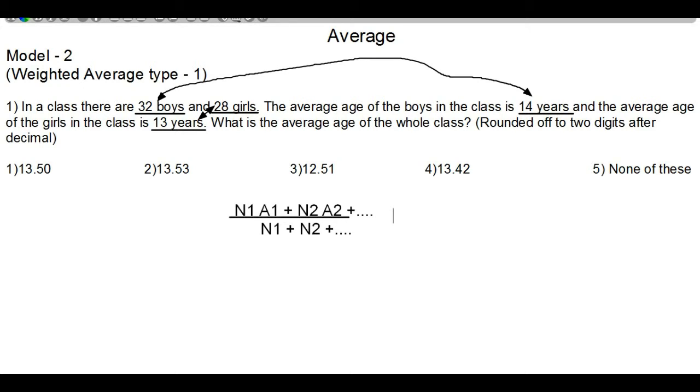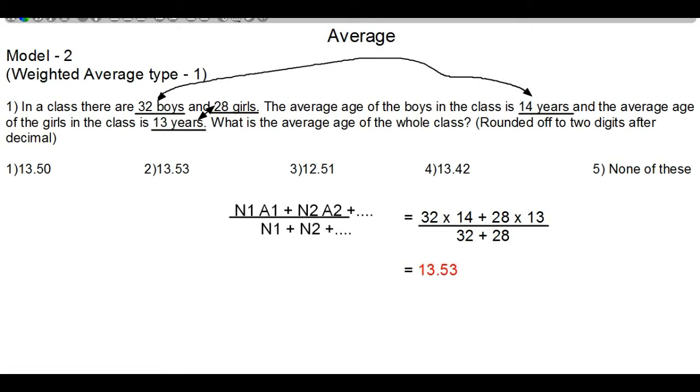So that can be taken as the number of people in the first group, that is 32, into the average, that is 14 years, plus the number of persons in the second group, 28, into the average, 13, divided by n1 plus n2, that is 32 plus 28. By solving this, we get the answer as 13.53. So we can say that the average age of the whole class will be 13.53 years.